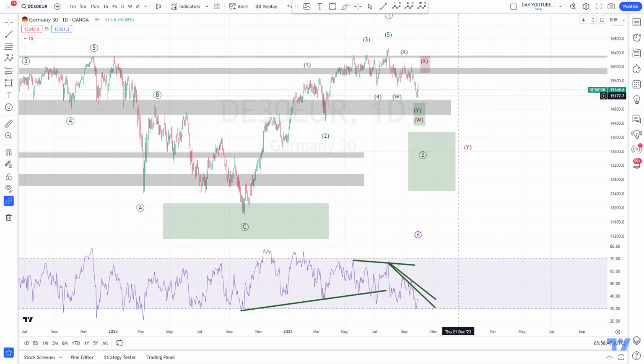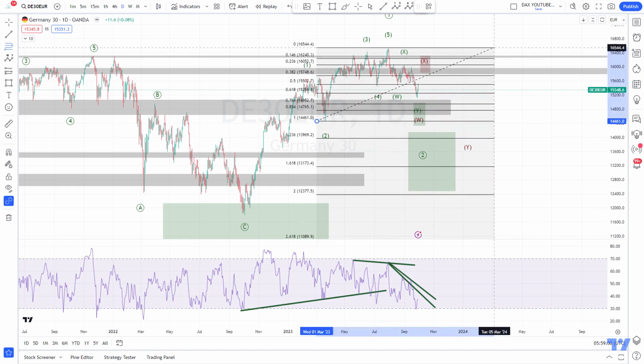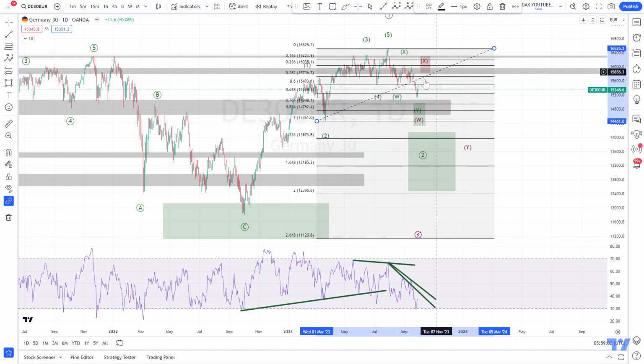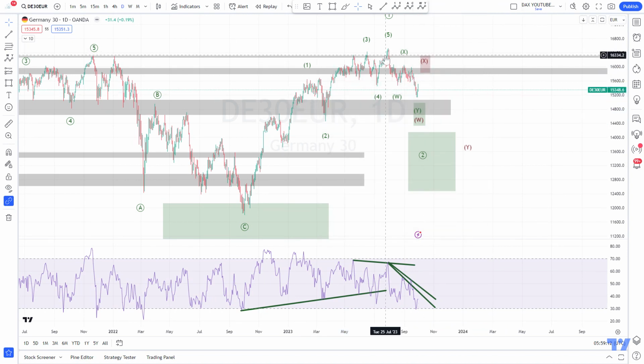Then secondly, we have a correction here, WXY, although we crossed the 0.618 FIB level, which is kind of a violation of the wave 4 rule. It is possible to go up from here, be it as a shallow wave 2, or be it as a deep wave 4.